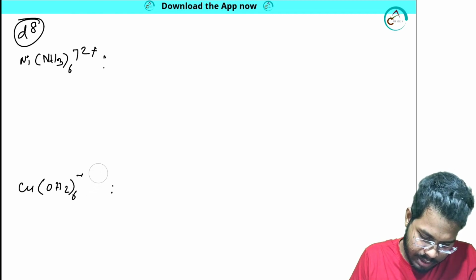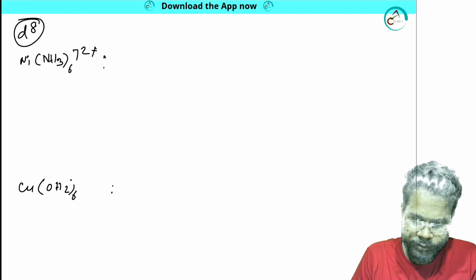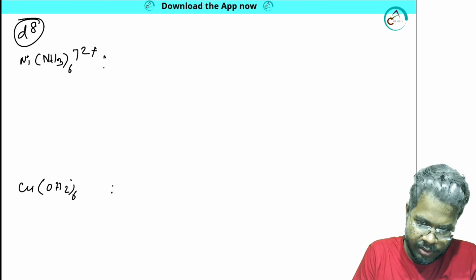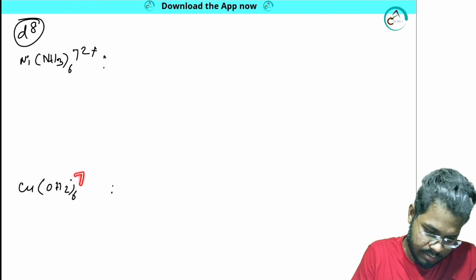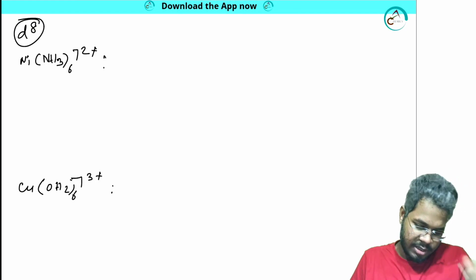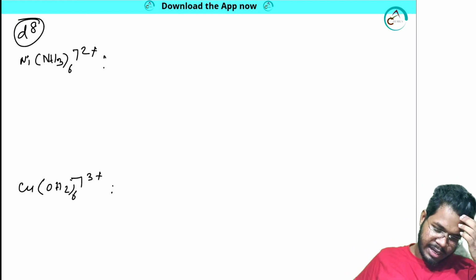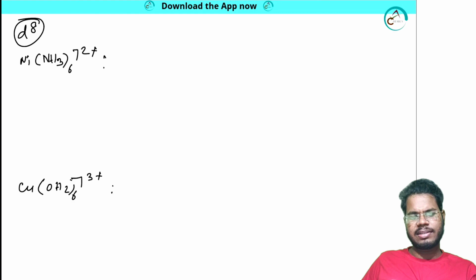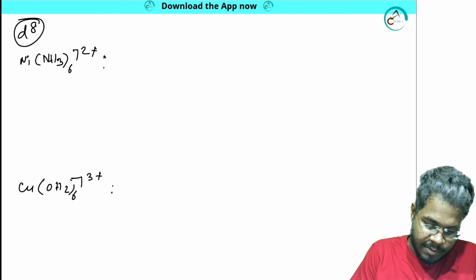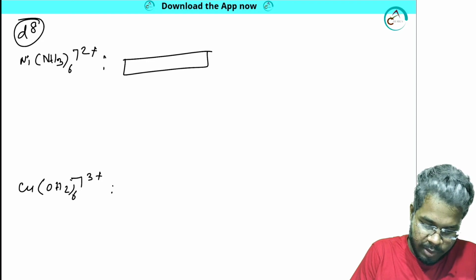Make this as copper 3 plus. So now it is D8, yes, both are D8 systems. Just take it hypothetically. So for the first system, the D8 system, that means this kind of orbital.